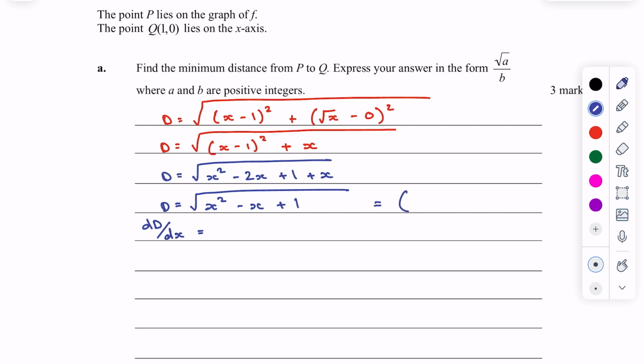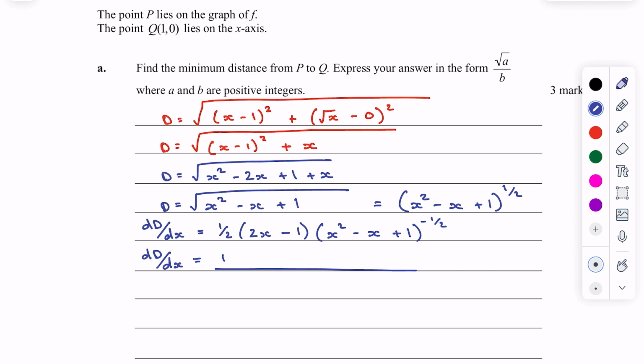What I might do prior to it though is write the expression in a form that I can easily use the chain rule. So that's going to be a half, 2x minus 1, x squared minus x plus 1 to the negative a half. So dD/dx is going to equal 2x minus 1 over the square root of x squared minus x plus 1.